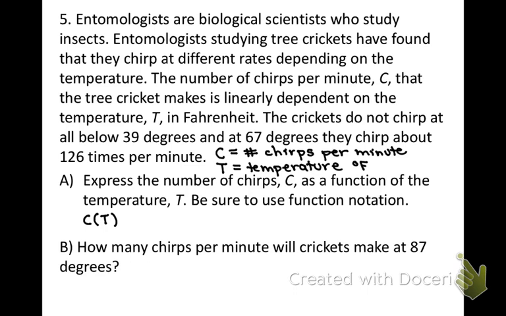All right, so it says in this problem that the crickets do not chirp at all below 39 degrees.